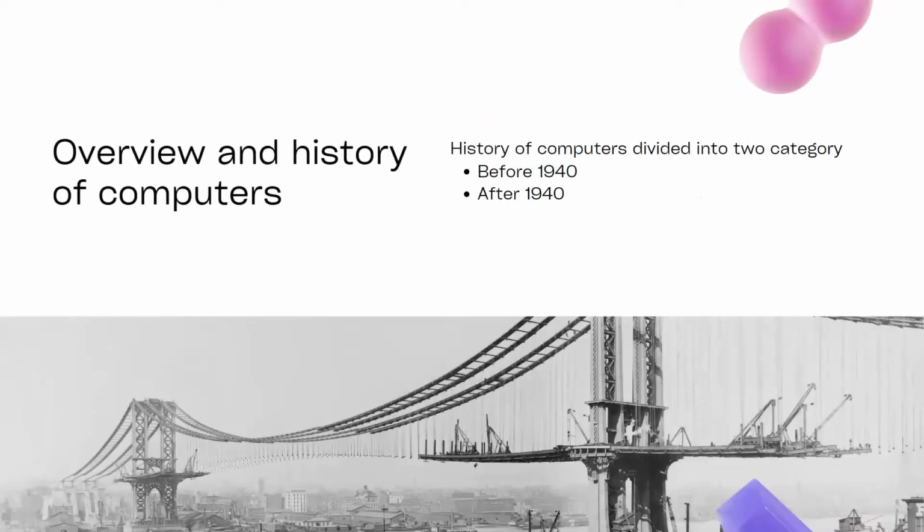And last week we talked about the overview and history of computers. The history of computers is divided into two categories: before 1940 and after 1940.